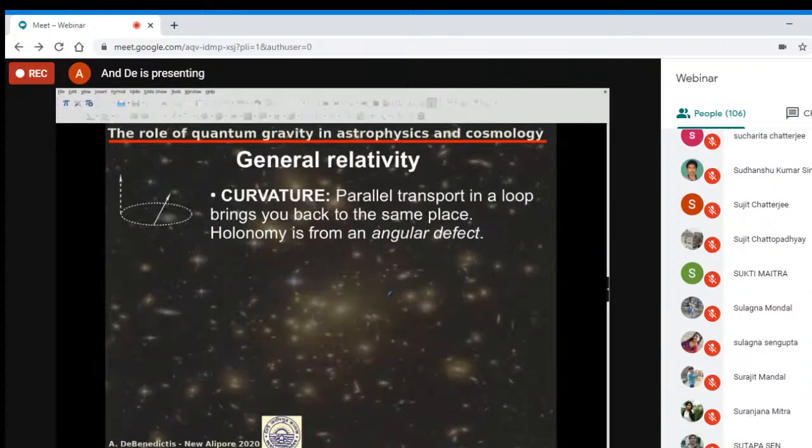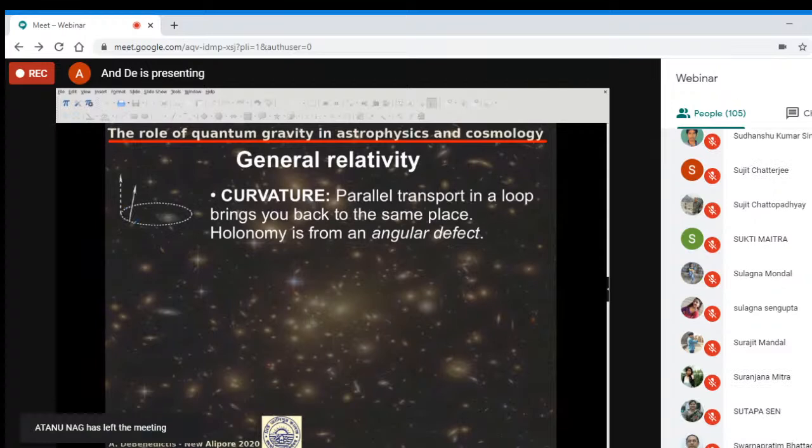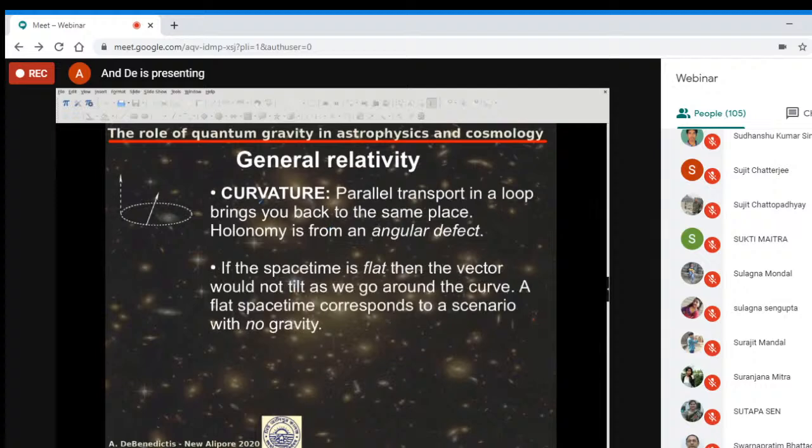So curvature, how does one measure curvature? There's many ways, but one thing one can do is parallel transport a vector in a loop. As you see on the left-hand side here, if you go around a loop, and when the vector comes back on itself, there is an angular difference, like we see here, then you have non-trivial curvature.